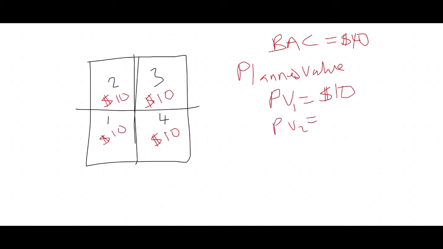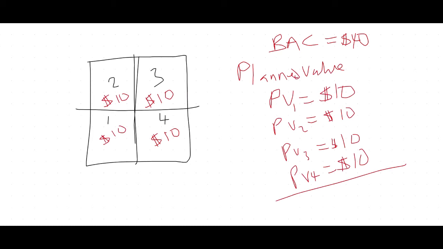And the same for day 3, and the same for day 4. What can we say from here? If you add up all the planned value across the project time period, you're going to get the BAC. So the budget at completion is your cumulative planned value, so to speak, okay?